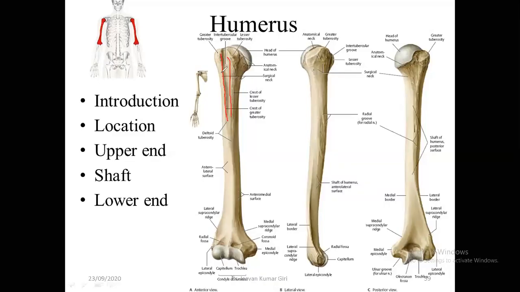The lateral lip is formed by the greater tubercle. This is not tuberosity, tubercle. So the greater tubercle forms the lateral lip, whereas the medial lip is formed by the lesser tubercle. This medial lip continues as the medial border of the shaft, and the lateral lip continues as the anterior border of the shaft.